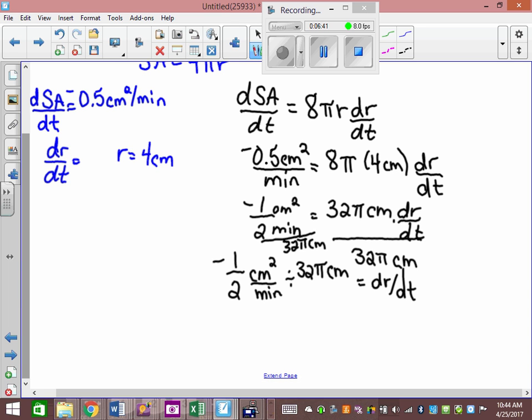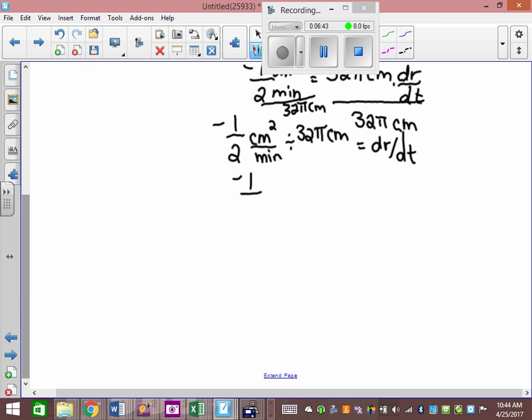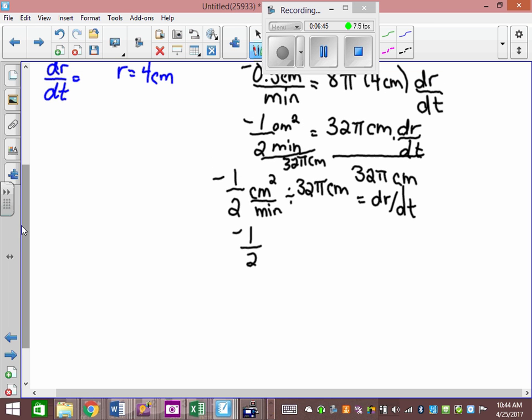Okay, so you're going to get negative 1/2 centimeters squared per minute times 1 over 32 pi centimeters. The centimeters and the centimeters squared cancel. Left negative 1 times 1, which is negative 1.